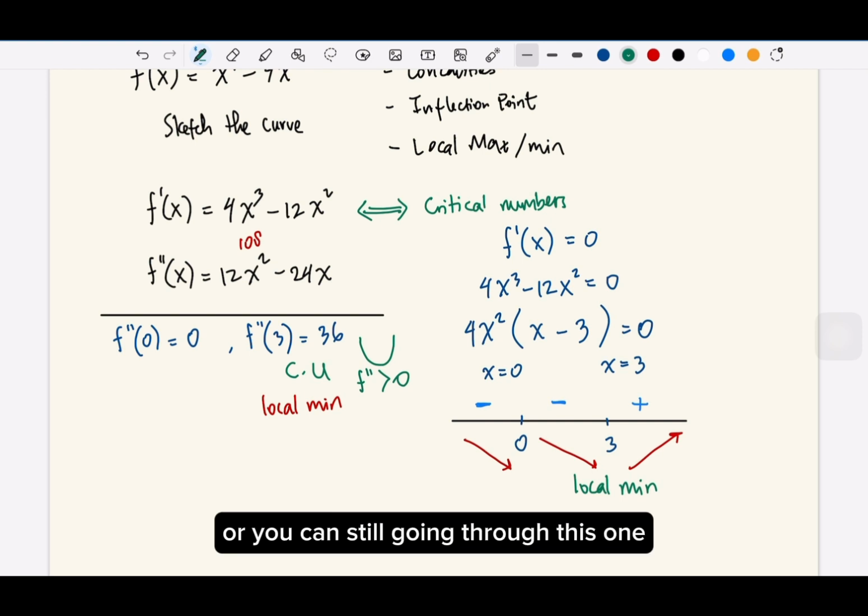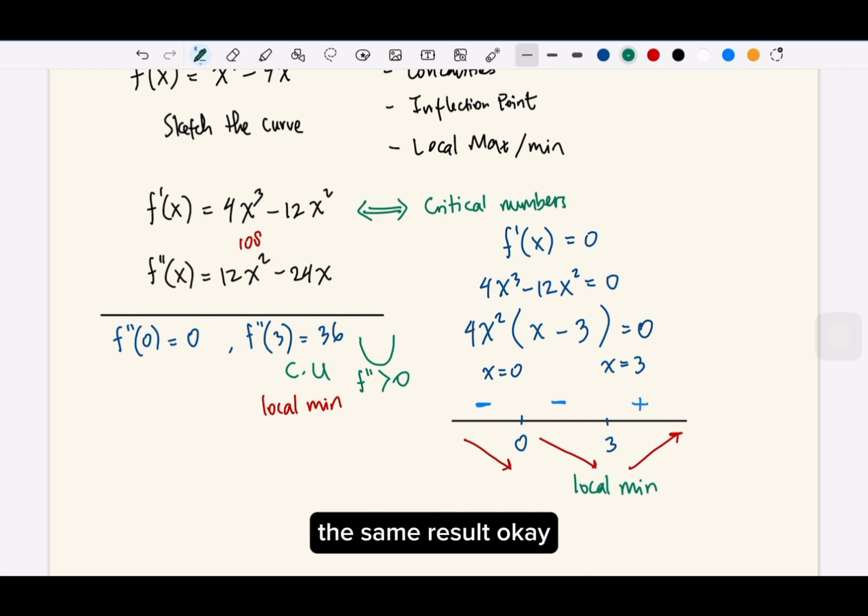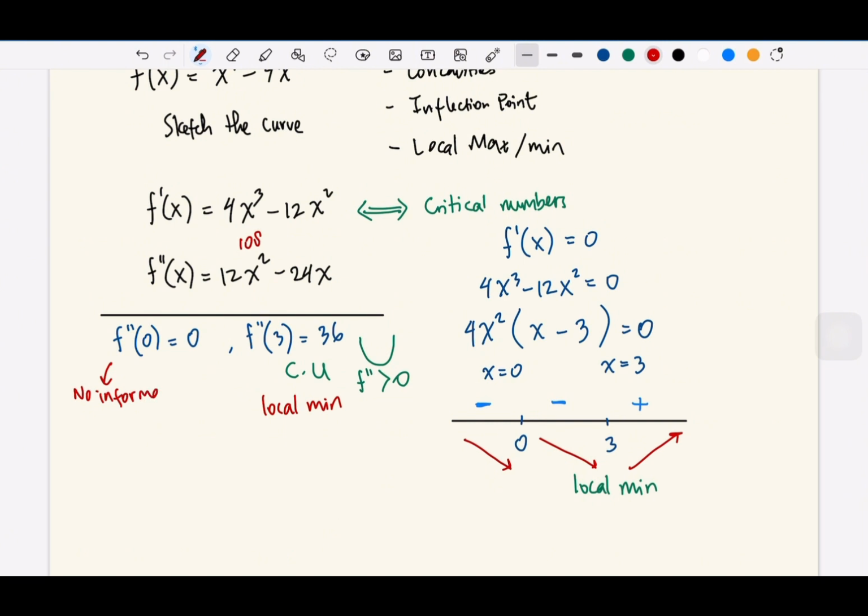Or you could still go through this one. It's still the same result. So for the left one here, no information yet.